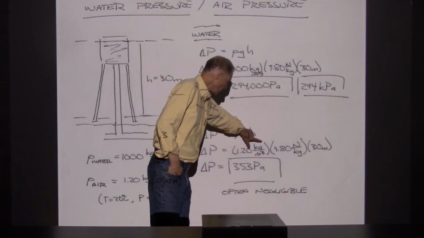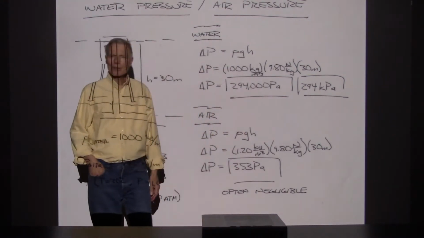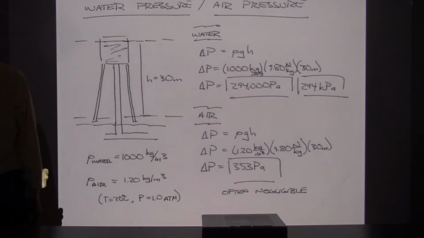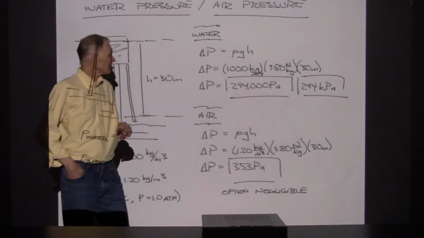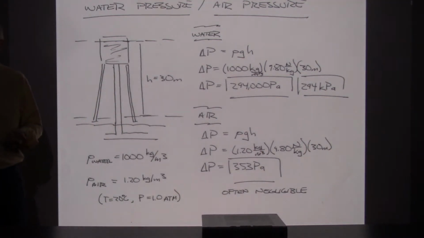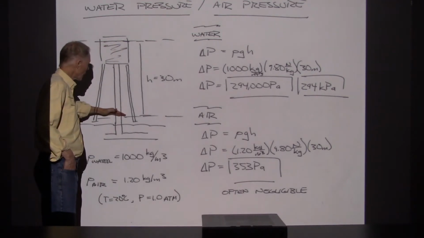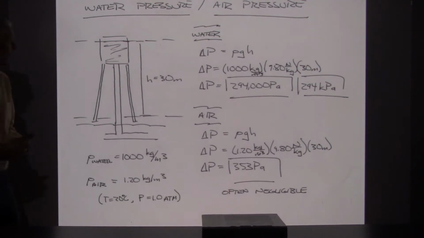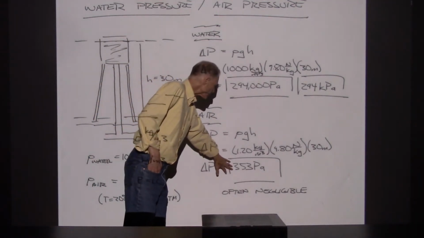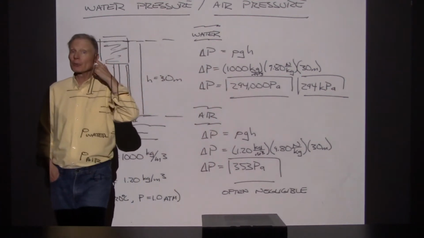So with 1.20 kilograms per cubic meter, when I multiply that through, the pressure increase is only 353 pascals. So what we can see here is that water is something like 800 times denser than air. And so for the same elevation drop, it builds up pressure 800 times faster. Whereas air pressure goes up by a few hundred pascals, water pressure goes up by a few hundred thousand pascals.